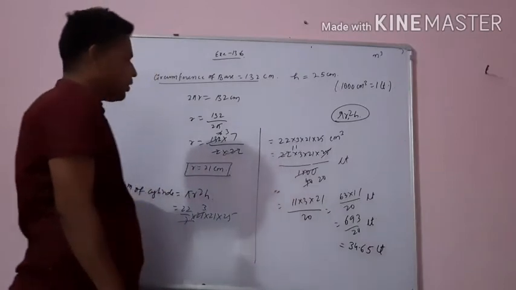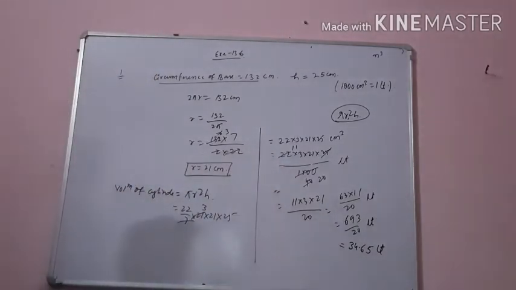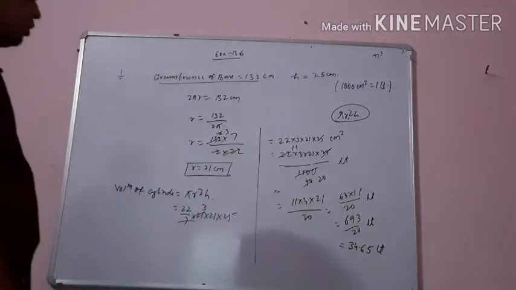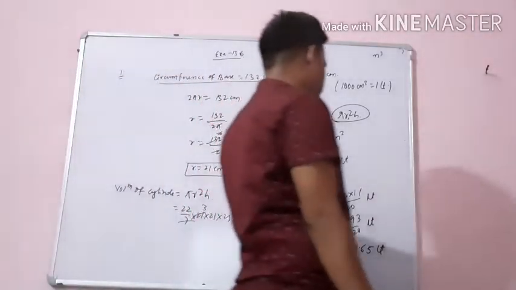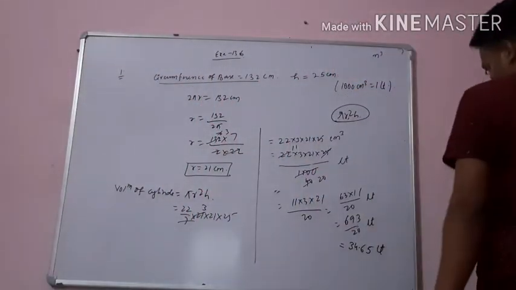When you divide 693 by 20, it comes to 34.65. So the capacity of the vessel will be 34.65 liter. Now moving to next question.